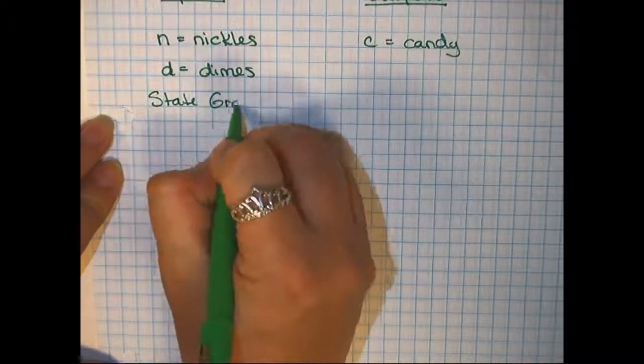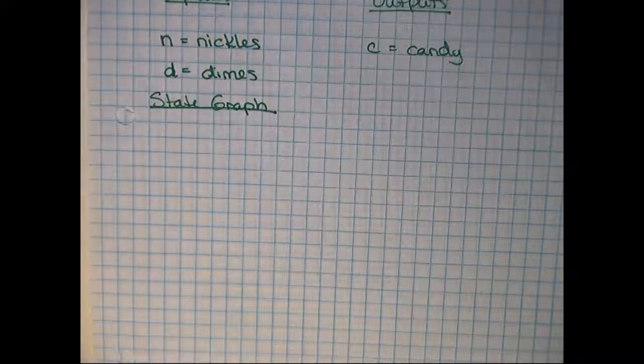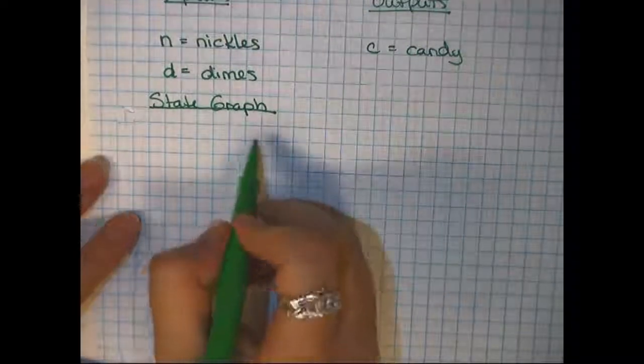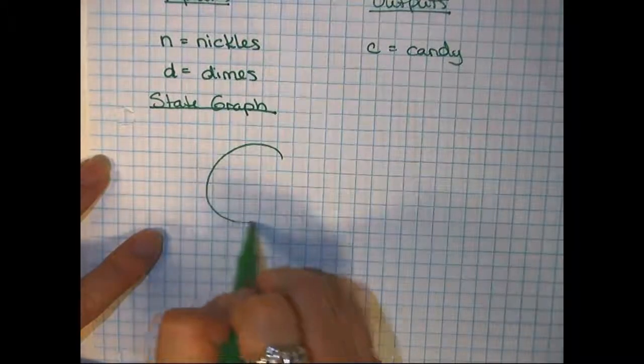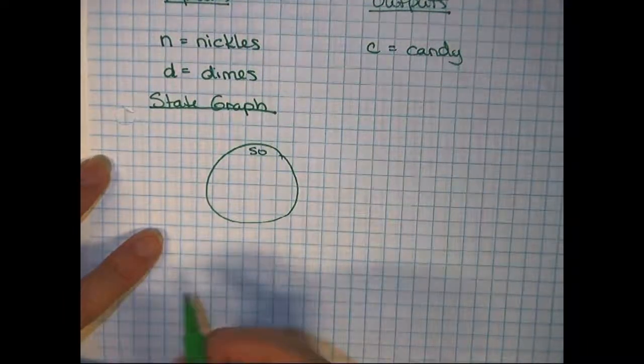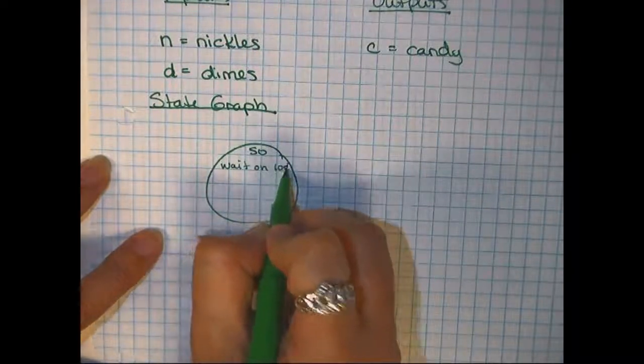State graph. You're going to want to make these circles big enough that you can write inside them because we're going to write several things in there. Our first state was state 0. We called that wait on 10 cents.